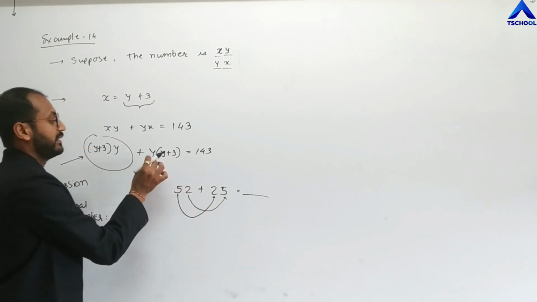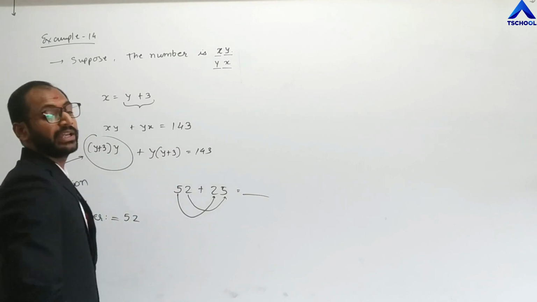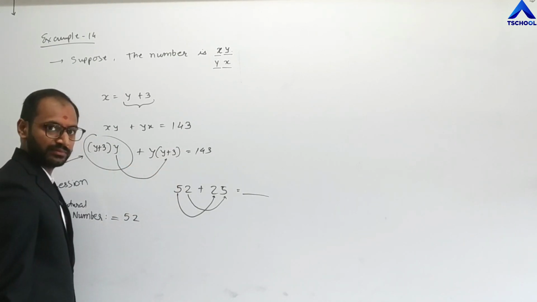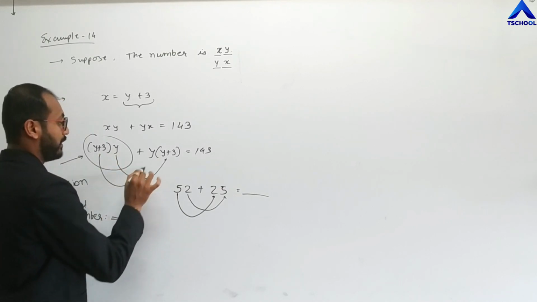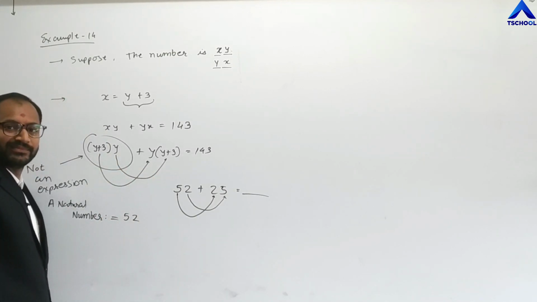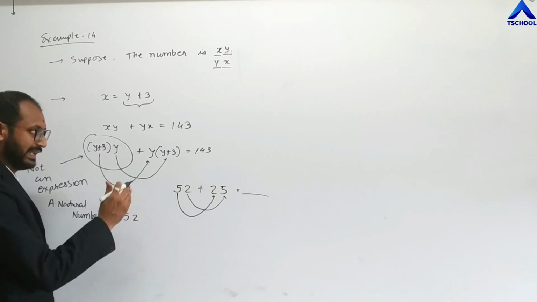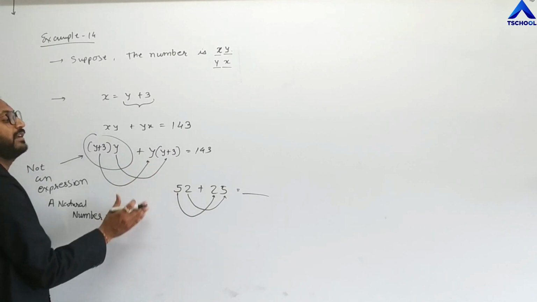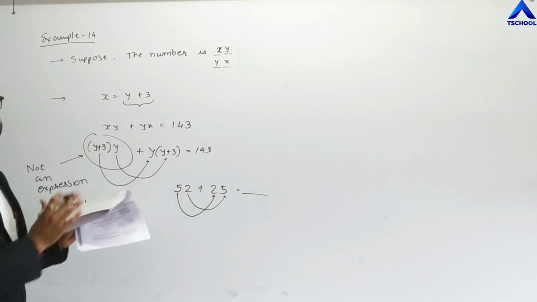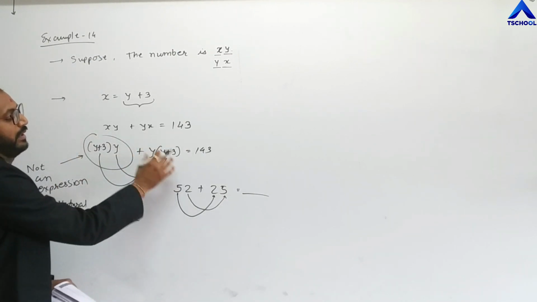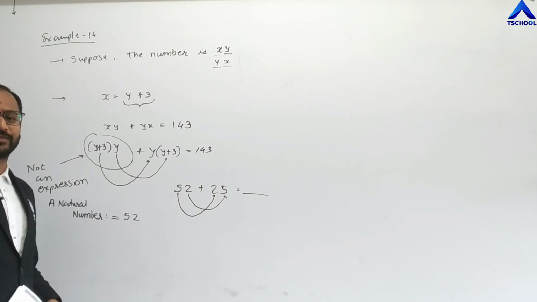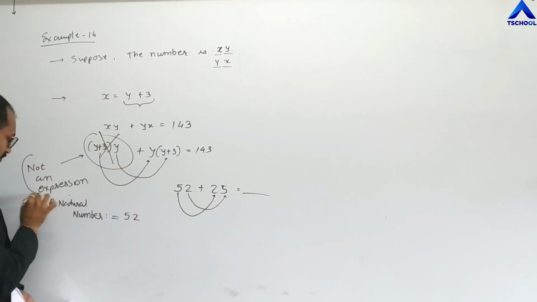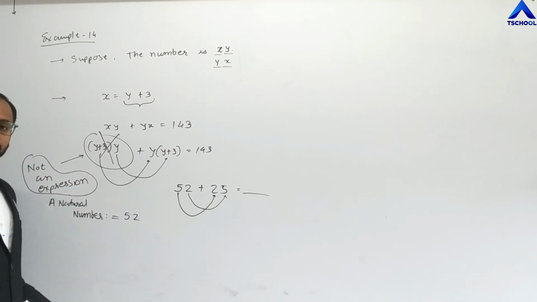But here, this is not an expression, so we cannot take this addition directly: y plus 5 plus 3 and y plus 3 plus 5. You cannot get the addition directly. So there is a possibility of making a mistake in this format of the equation, because this is not an expression. Clear?